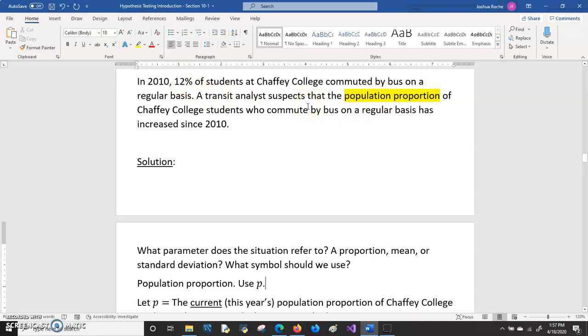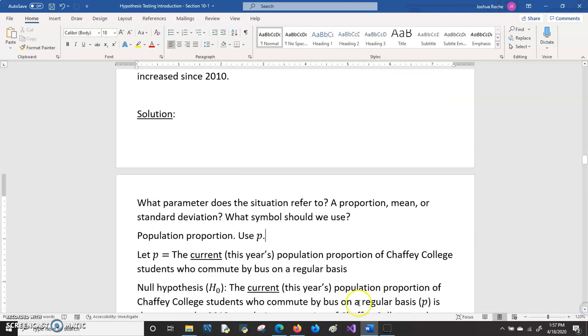The question is, has it increased since 2010? In other words, is the proportion today more than what it was in 2010? And P is going to represent that unknown. So P is going to represent the current or this year's population proportion of Chaffey College students who commute by bus on a regular basis.